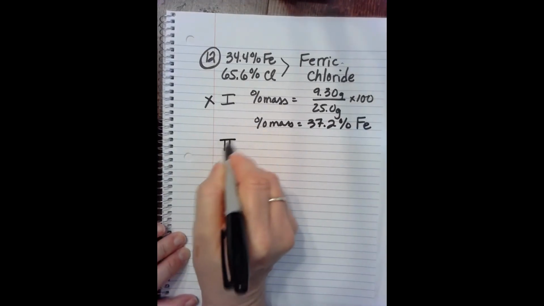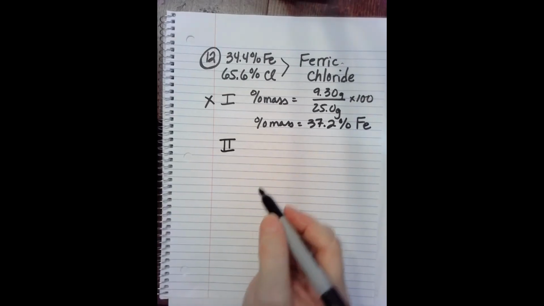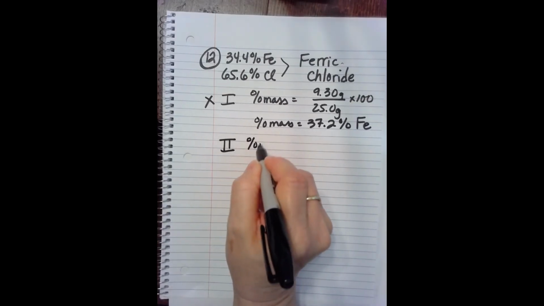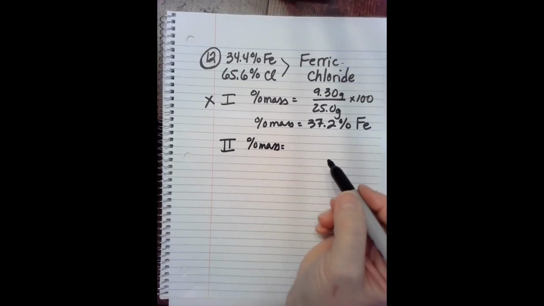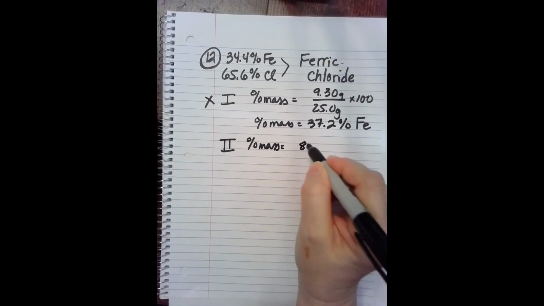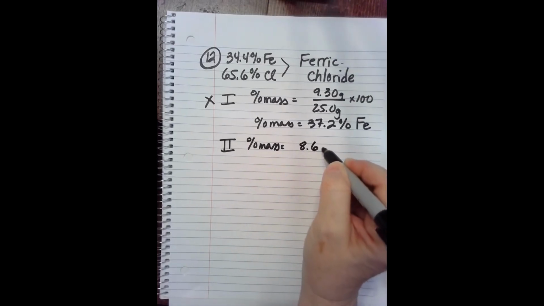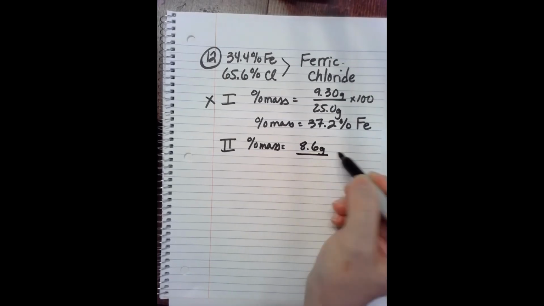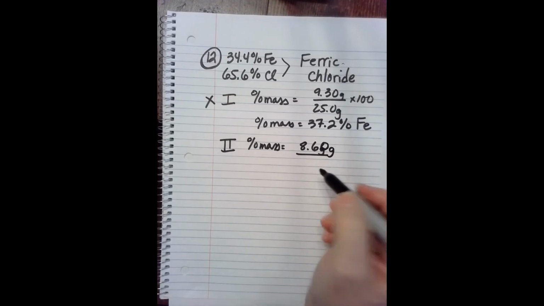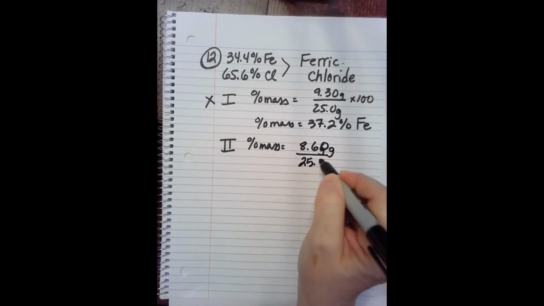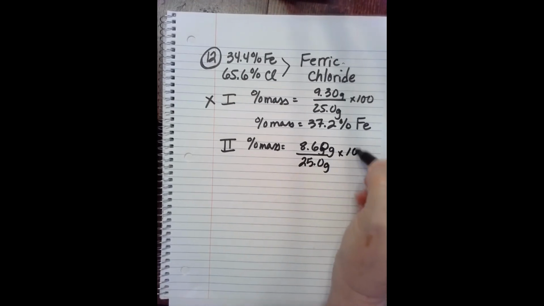Let's look at compound 2. Again, percent by mass equals the mass of the iron in this compound, 8.60 grams, over the mass of the sample, 25 grams, times 100.